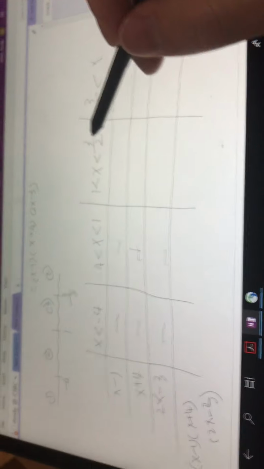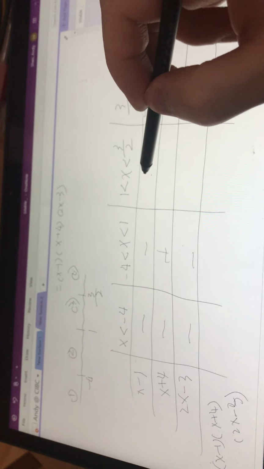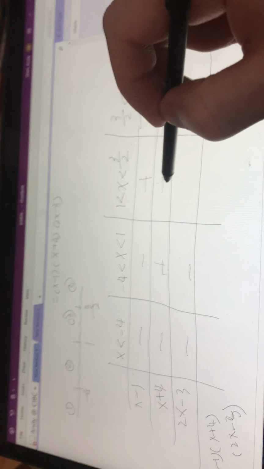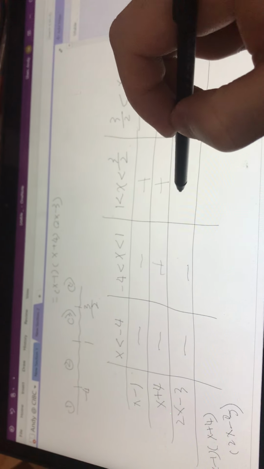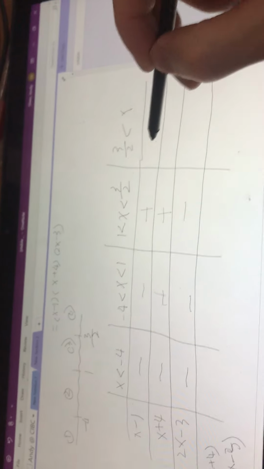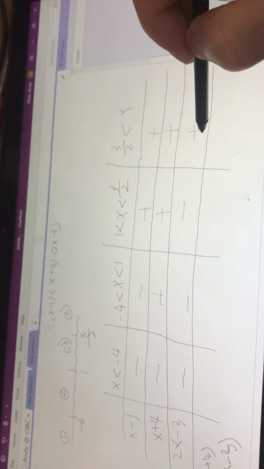From 1 to 1.5, let's say 1.25. You can try 1.25, and you can use your calculator to do that. Here is positive, positive, negative. Bigger than 3 over 2, you can try 2, so it's positive, positive, positive.